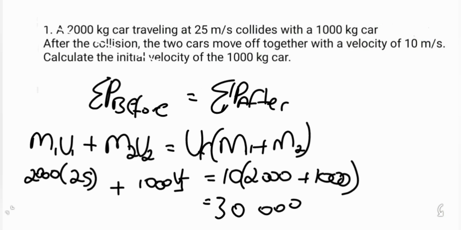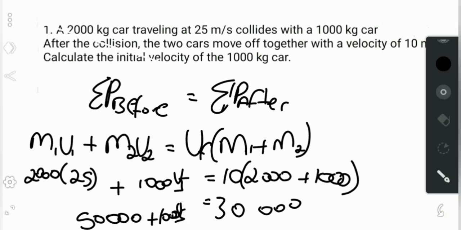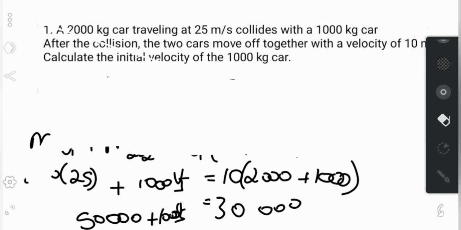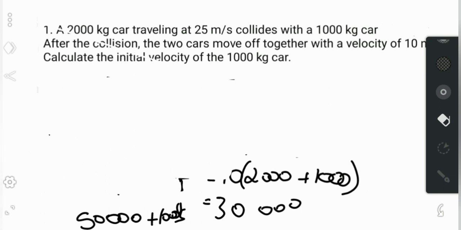Then here it's 2000 times 25, and you're going to get 50,000, plus 1000 times the initial velocity of object number 2. Let me erase the top part so that we can continue to work out the initial velocity of object number 2.